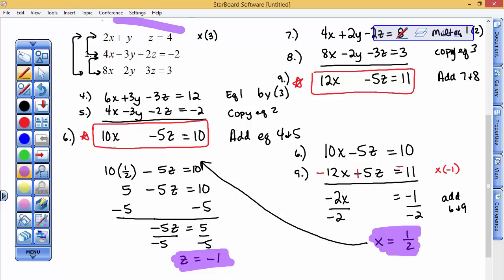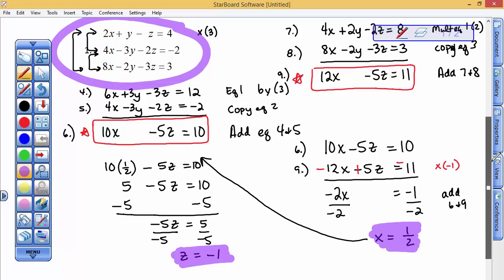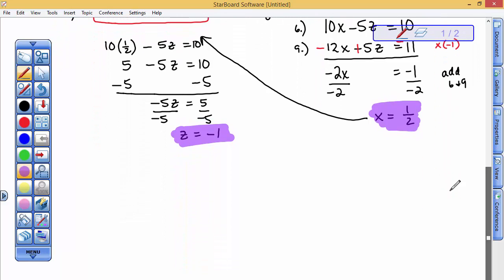Now I'm going to go back to one of these three equations with these two answers. I think I'll go to the first equation because the coefficients are small, and it doesn't matter, either way I'm putting a negative number in for z. So the first equation, I'm going to copy down here.